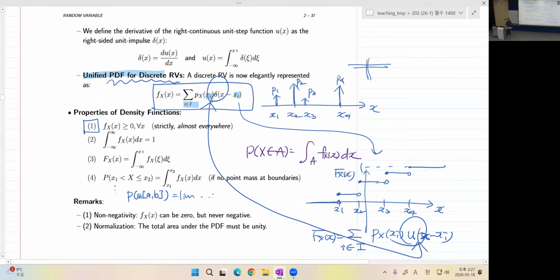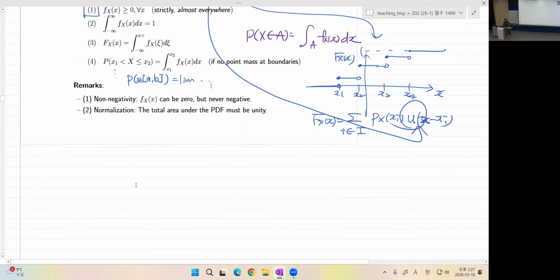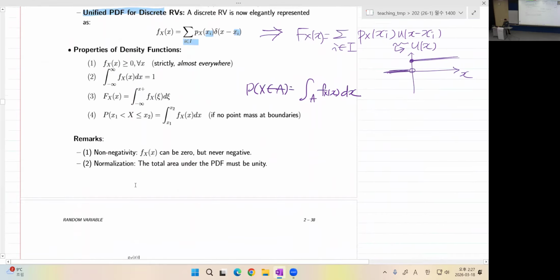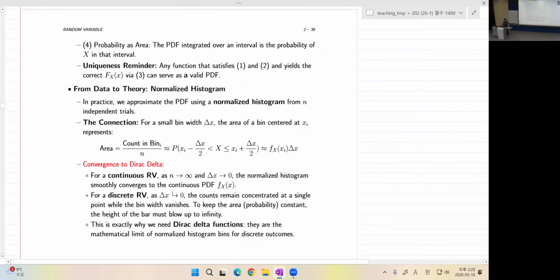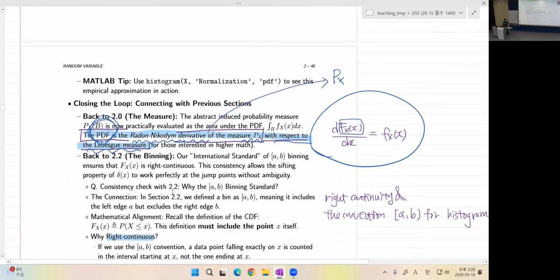So do it yourself, okay? So we have, for example, a PDF this way, CDF that way. PDF, got it? So you integrate up to the x value, that corresponds to the CDF, got it? And this is all about normalization of the histogram, so you read it.